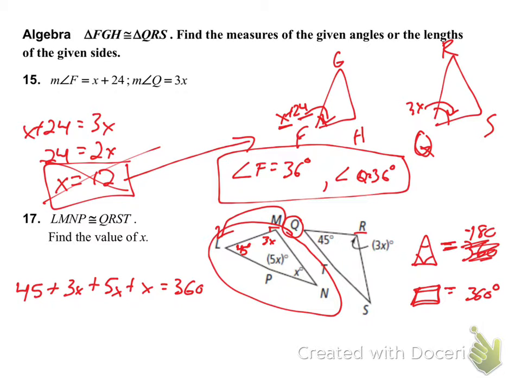So then what I'd get is 9x plus 45 is equal to 360 degrees. And then with my calculator, I'll do 360 minus 45 is going to be 315. 315 divided by 9 is going to be equal to 35.